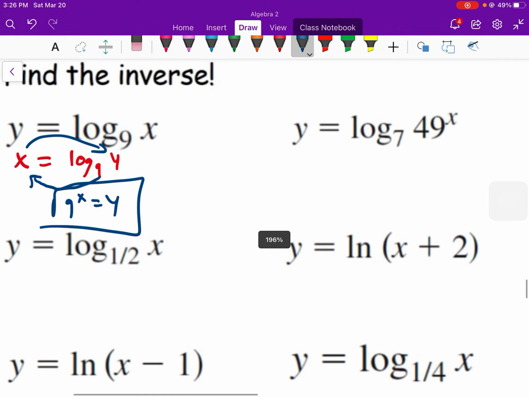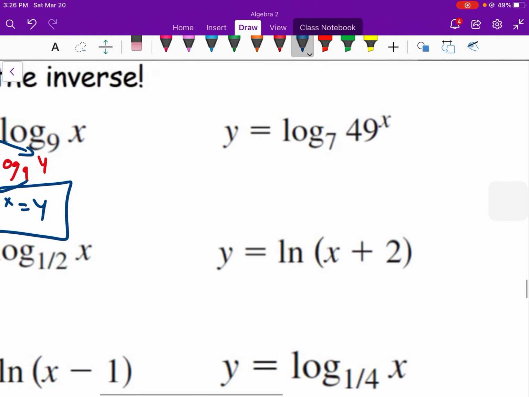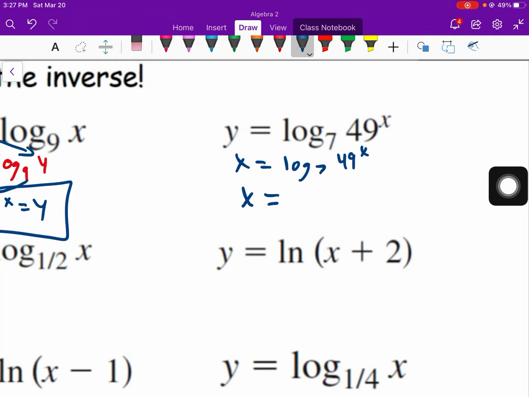Let's see here. Okay, so first I'm going to rewrite x equals log base 7 of 49 to the power of y, and I'm going to rewrite 49 as a base of 7 because we want those bases to be the same.